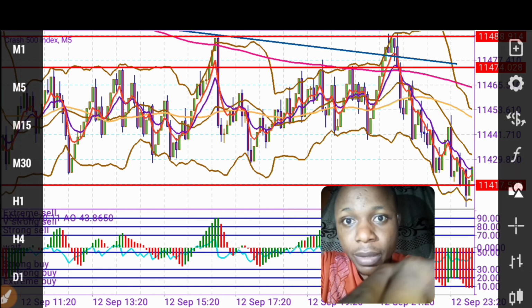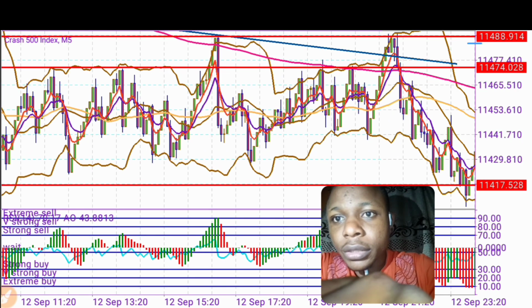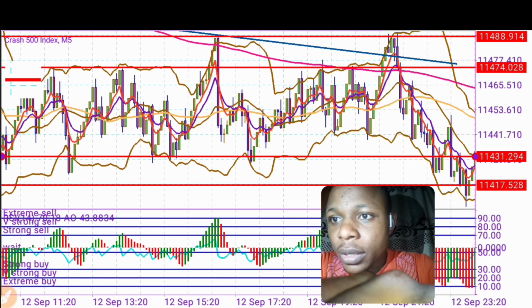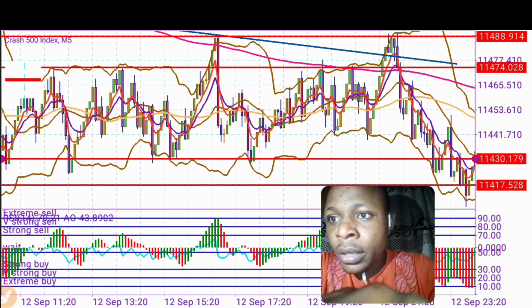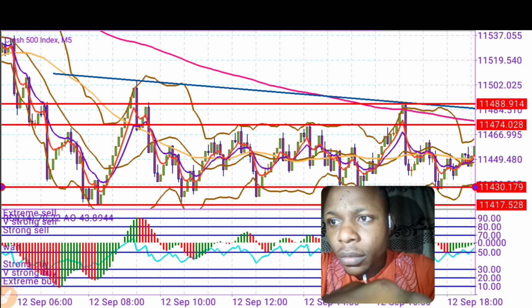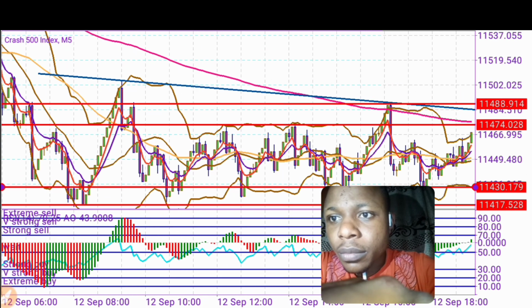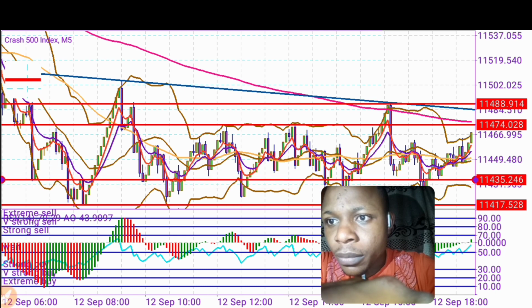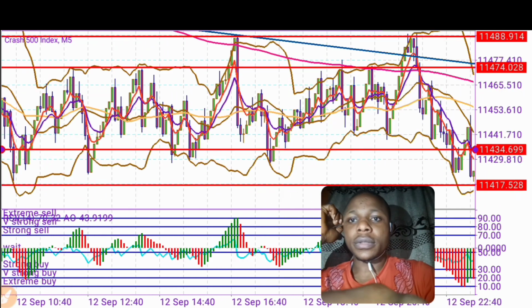To detect spikes, crash. When you are selling crash, that means you are trying to trade the spike. And when you are buying boom, that means you are trying to trade the spike. So let's move this one up a little bit to touch these 2 supports. Okay, that's good.